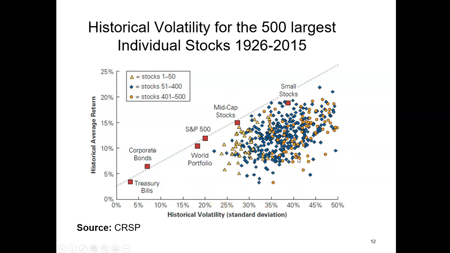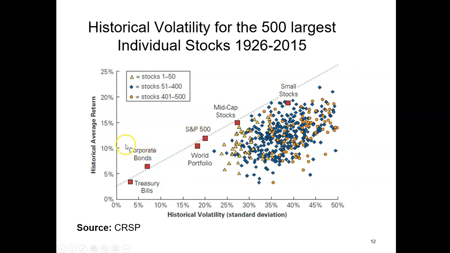Now, what's interesting about this is, do you notice that none of them, even the furthest left diamond of all of them, somewhere in the 51 to 400, that volatility right here is still higher than the volatility of the S&P 500? Now, keep in mind, the S&P 500 is the returns of all of these stocks combined, and also the volatility of all these stocks combined.